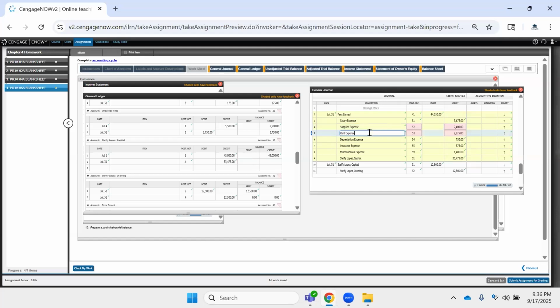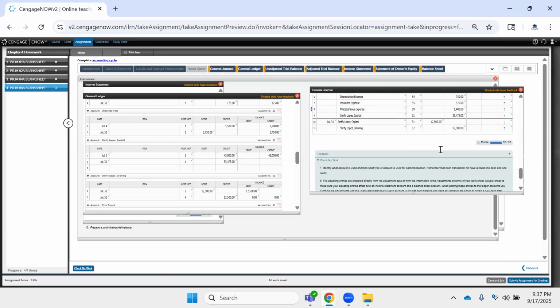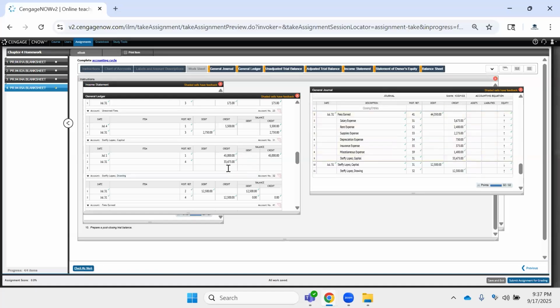When I was transposing here, I got the rent expense and the supplies expense line mixed up. So our journal entry was correct. And then I just need to enter in the Steffi Lopez drawing closing posting entry.